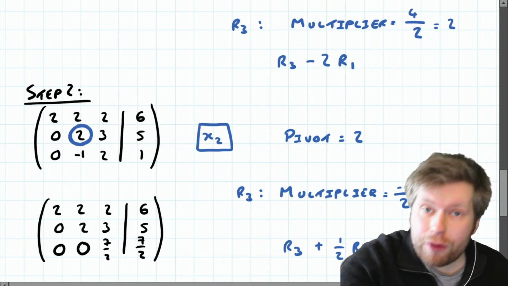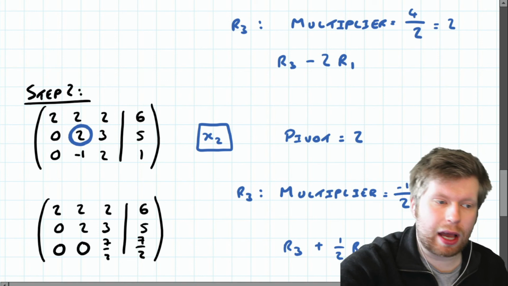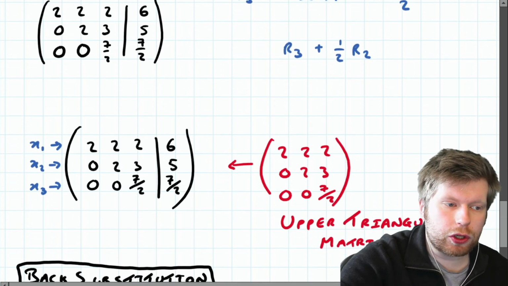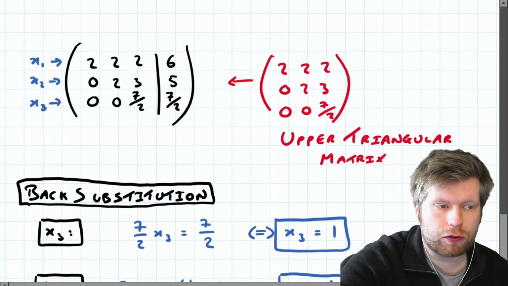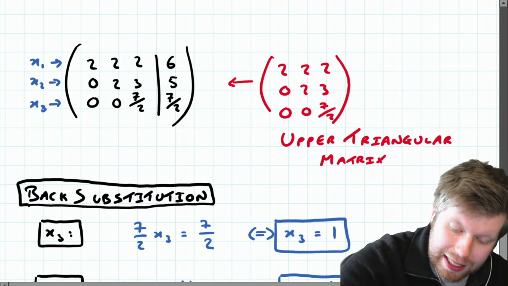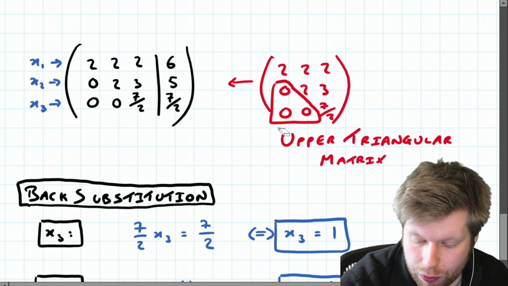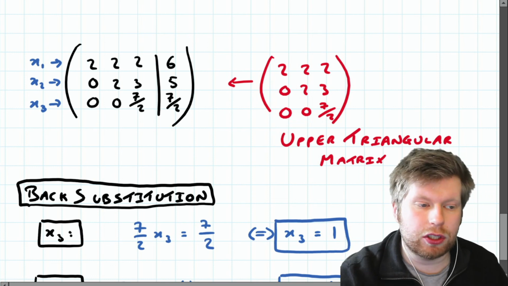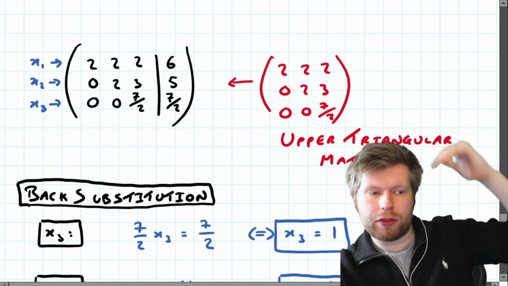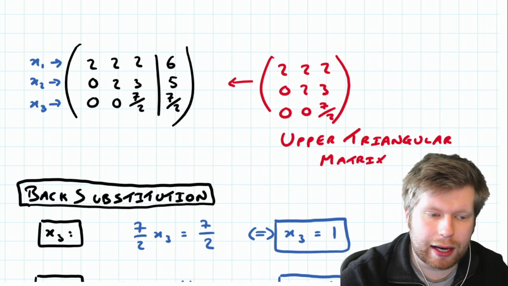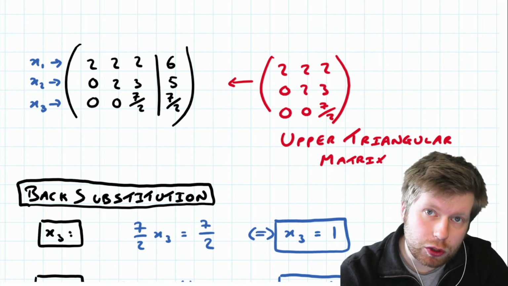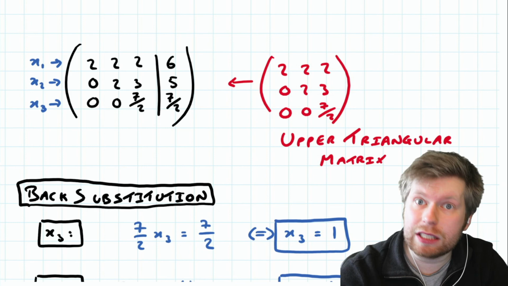The pivot was basically the thing that we were working out the multipliers from, and we were also using forward substitution and back substitution. Of course, an upper triangular matrix is basically a matrix of this form, where the lower part is just zeros, and we just have numbers in the upper part, in other words the numbers above the diagonal, the top right of the diagonal. In the next videos, we're going to be looking at ways in which we can make things more efficient.